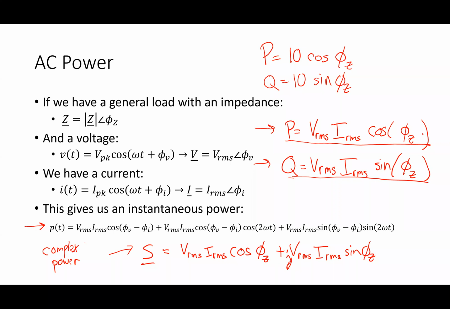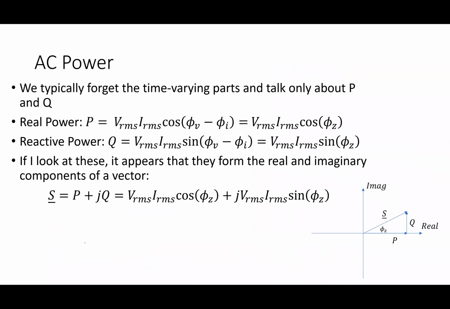So what would that look like? Well, here's how I write this out here. So this complex power is this VRMS, IRMS cosine phi z plus J, and so on. All right. If I look at this, this is P plus JQ, right?